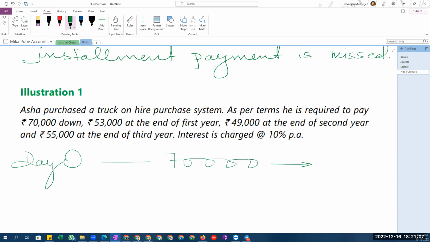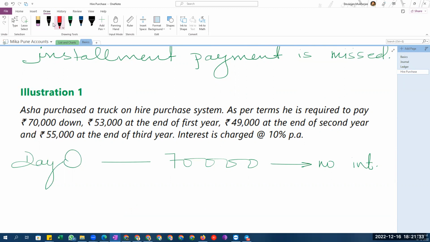Meaning that in this there is no interest, obviously, because the payment is being made today. If there is any payment of money being made today on a loan, if I'm, let's say, taking a loan and making a payment on that loan today, there is no interest on it, right? Isn't it? If you take a loan today and pay it back today, will there be any interest charged?